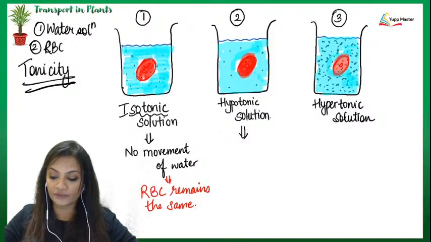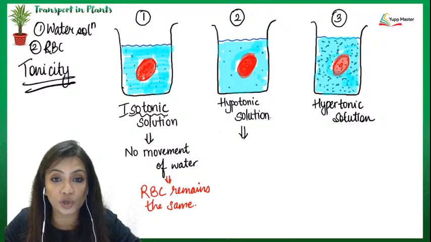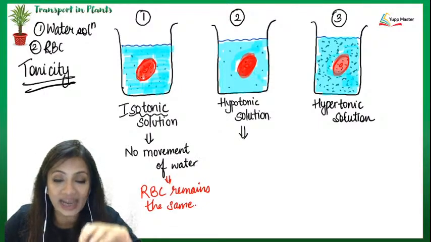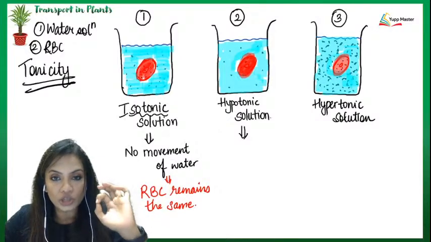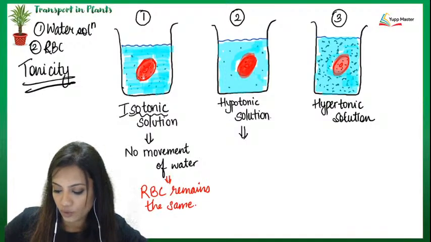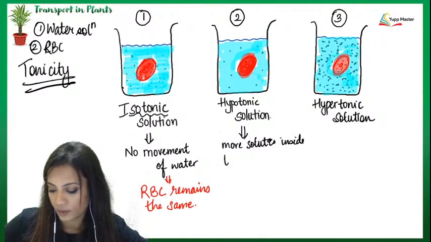Now when we talk about the next solution, that is the hypotonic one. When I say the solution is hypotonic, I mean that there are going to be more solutes inside the cell, more solutes inside the RBC.